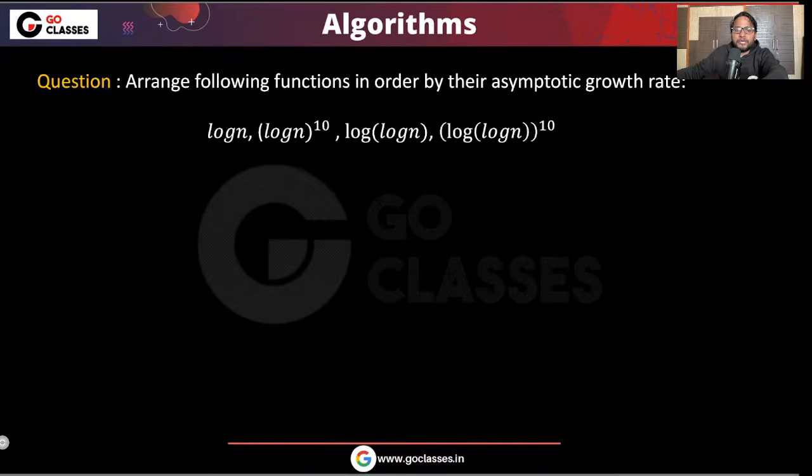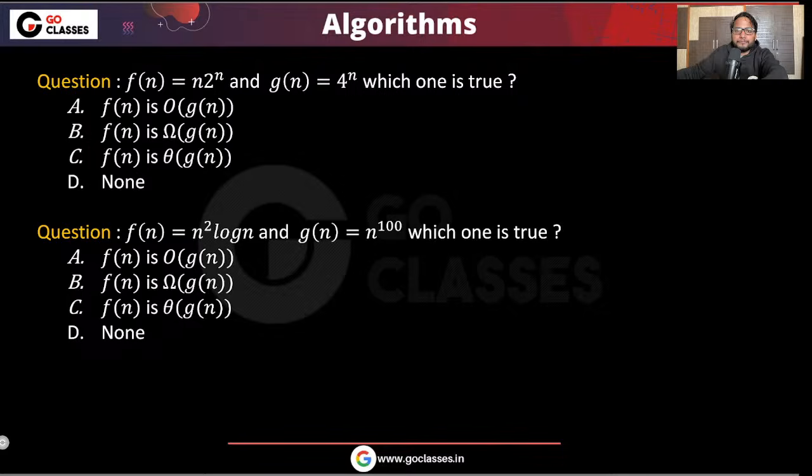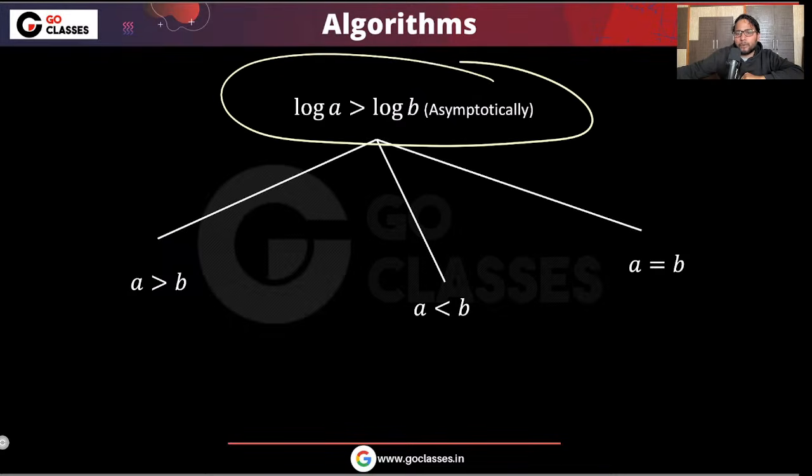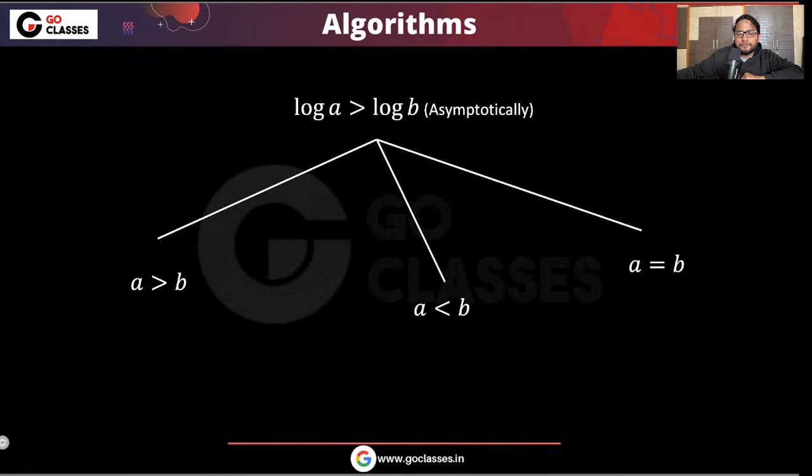Let's see more interesting questions. See here, if log A is greater than log B, then what can you say asymptotically? A is greater than B, A less than B, A equal to B? What can you say? Tell me. A is greater than B, right? If log A is greater than log B, then A is greater than B. This is false, right? Okay.